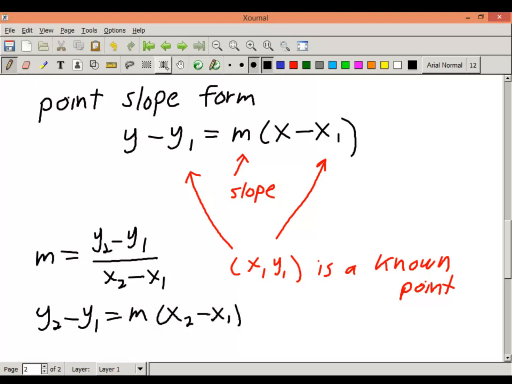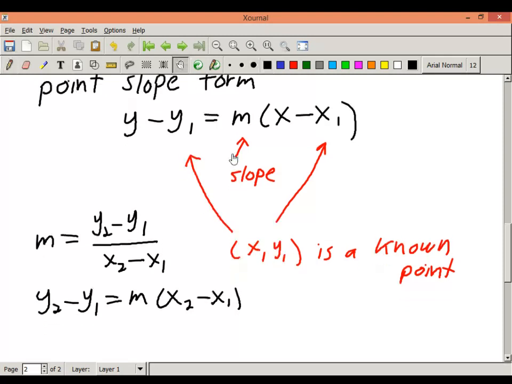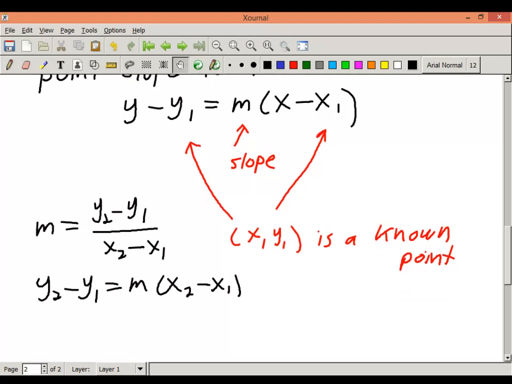And then to make it one more step so that it looks like our point slope form, we're just going to replace y sub 2 with a generic y, so just a variable. So y minus y sub 1 equals m times, and then same thing for the x sub 2, we're going to replace that with a variable x.